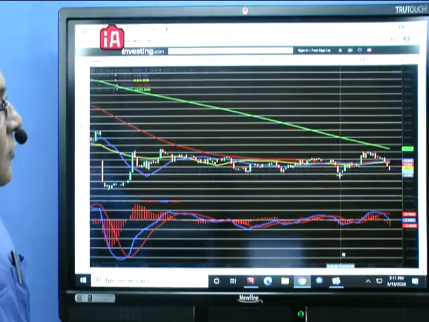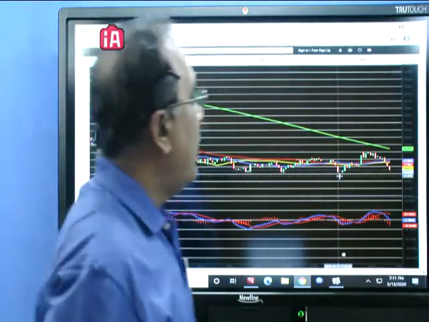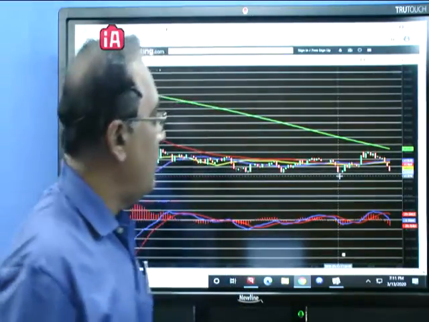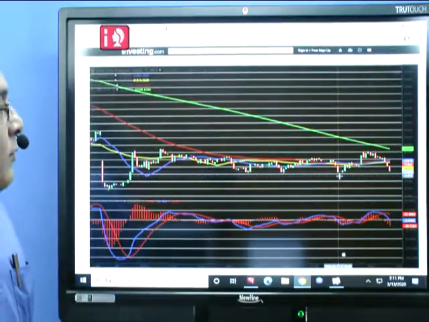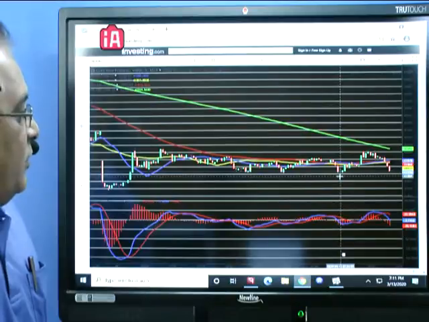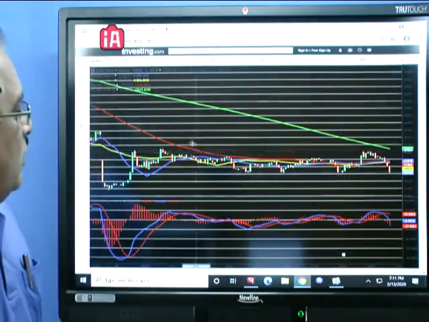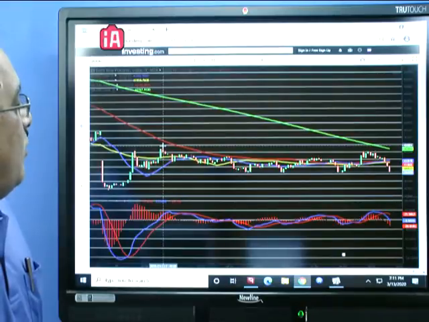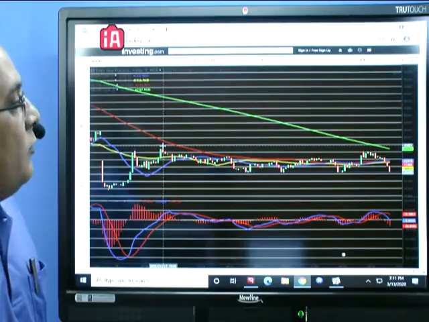So any fall below this particular low, which is 41,673. Right now, it just came and took a little bit of support close to 41,673. So we will wait for a break below this 41,673 level. Now, if you look at it, the Indian prices hesitated around this level. In the morning, it was 42,073.